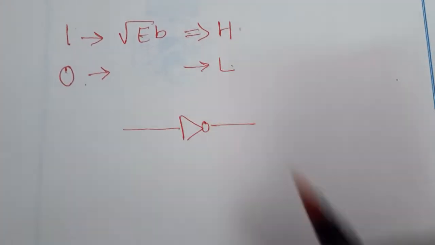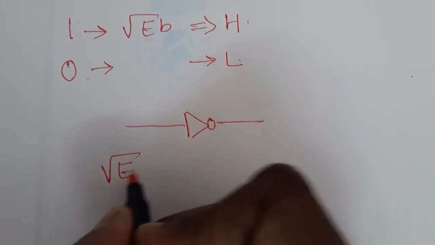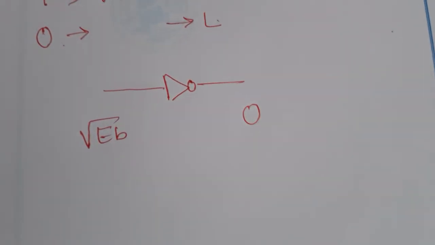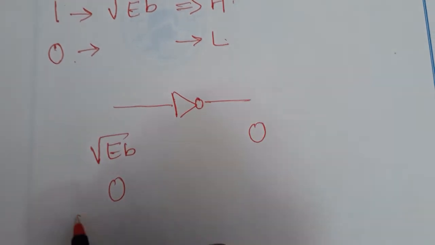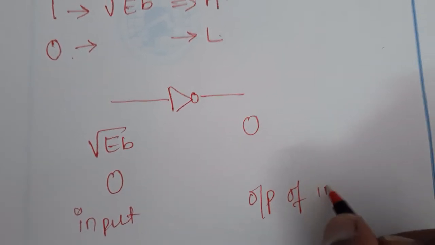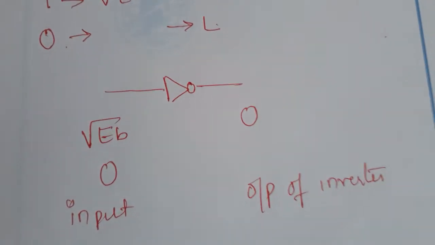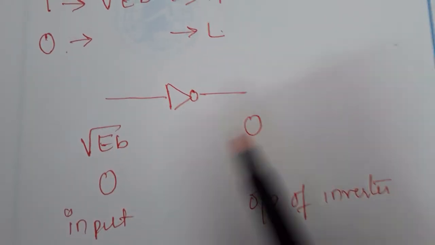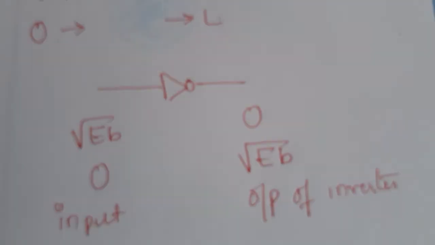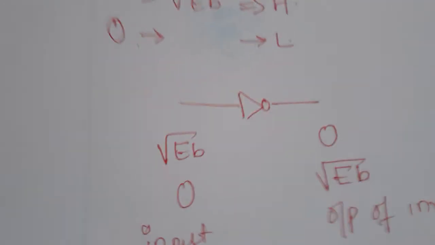If the input is root EB, the output of the encoder is 0. When the input is 0, this is the output of the inverter. Output of the inverter: root EB, then 0, then 0, then root EB. Clear all of you?